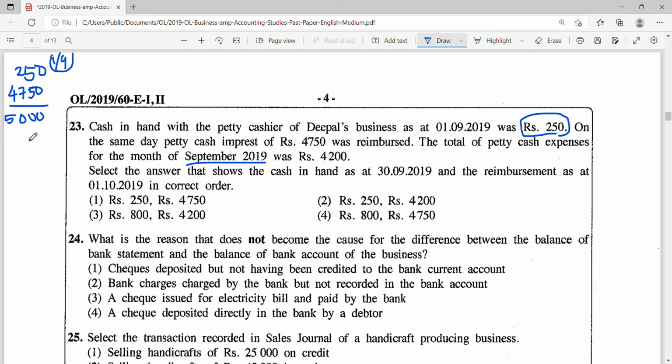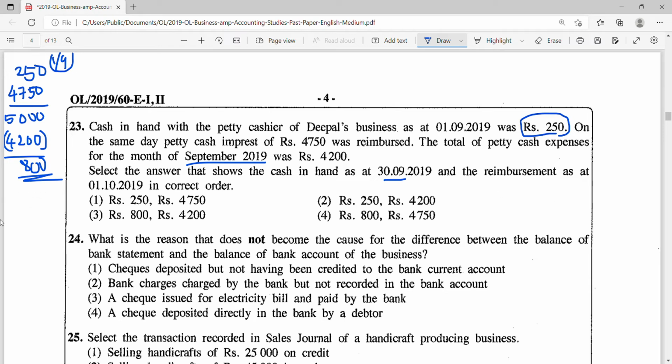Opening was 5,000 petty cash opening balance. During the month, they have spent expenses totaling to 4,200, which means the closing balance for the month of September should be 800. Select the answer that shows the cash in hand as at 30th September. So cash in hand is 800 and the reimbursement as at 1st October.